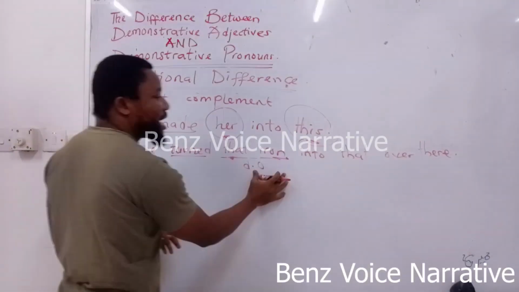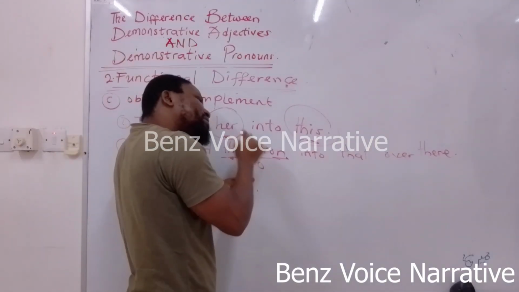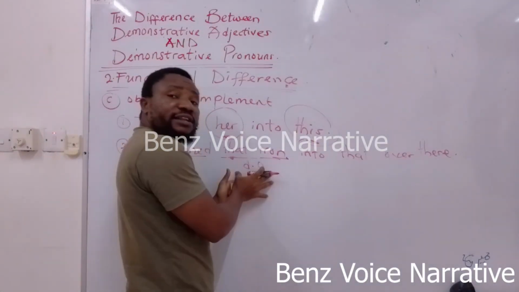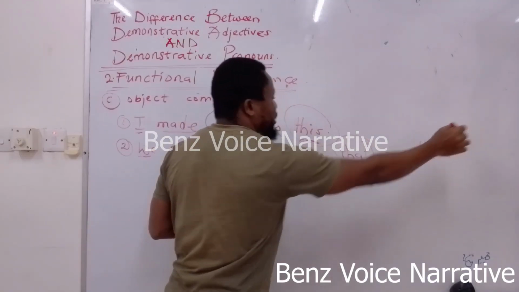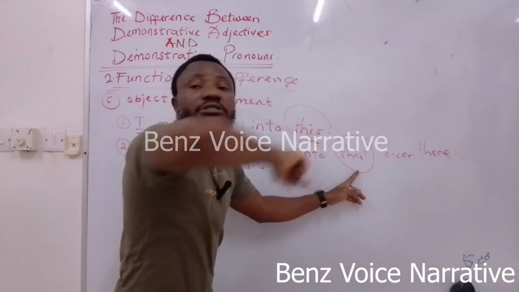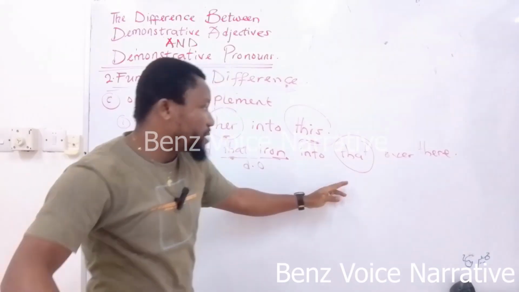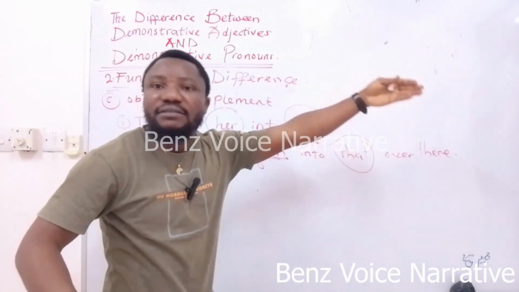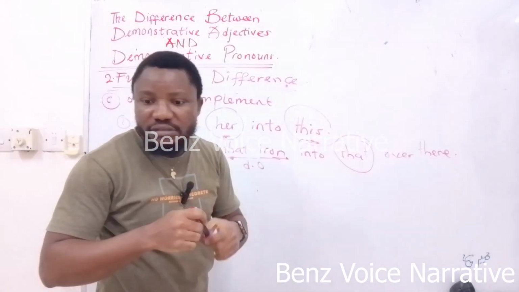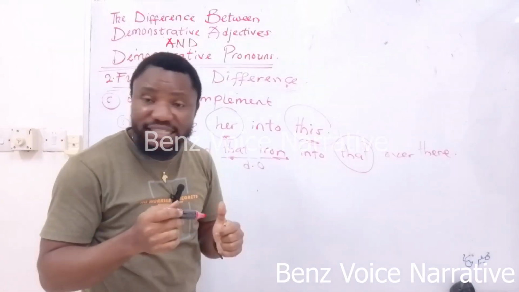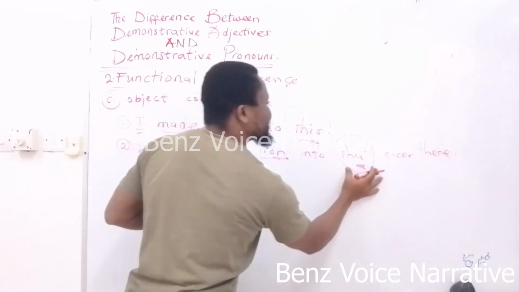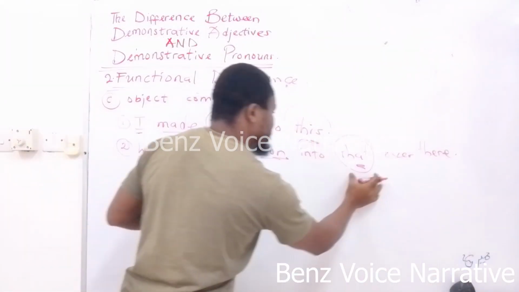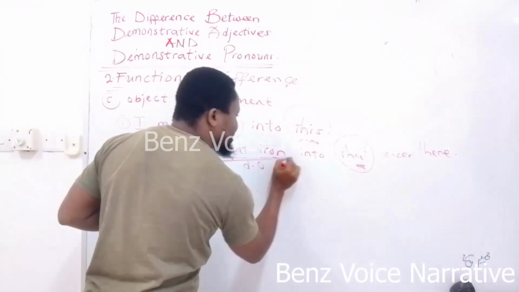We turn that iron. Now, what do we turn this iron into? We turn that iron into that over there. What that is, you don't know. It will be that car or that cylinder or that tin, T-I-N, tin. So that here is a pronoun that means the same thing as the iron.